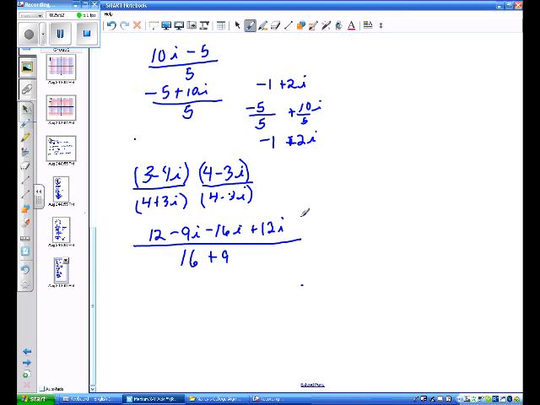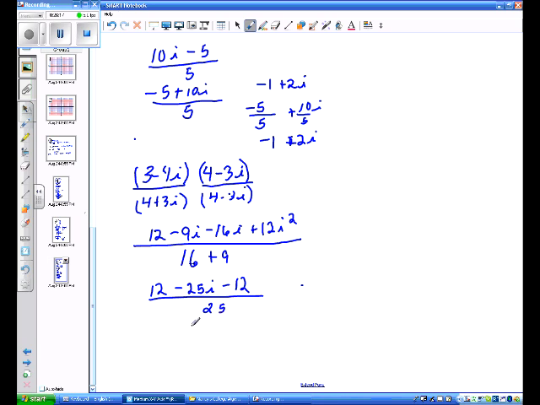Now combining, I didn't put my square out here, did I? Okay. Combining our like terms, we're going to have 12 minus 25i, and this is going to end up being a negative 12. i squared's negative 1 times positive 12 would give us negative 12, divided by 25.